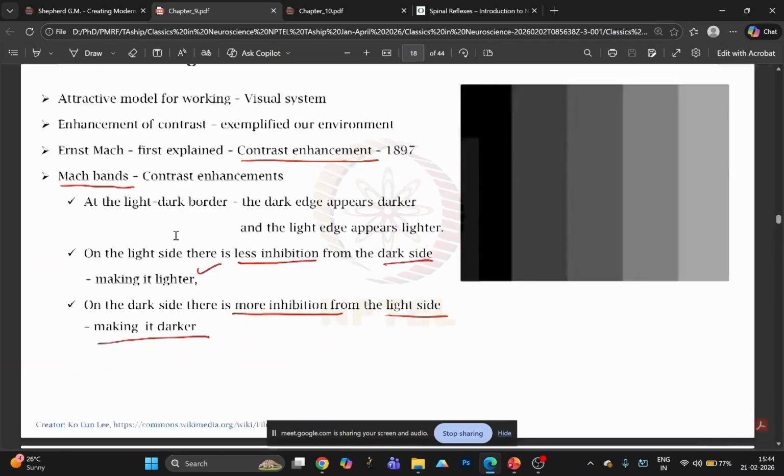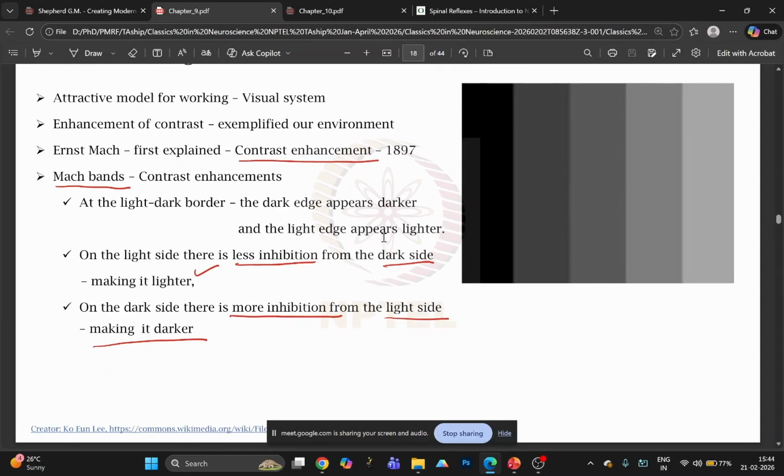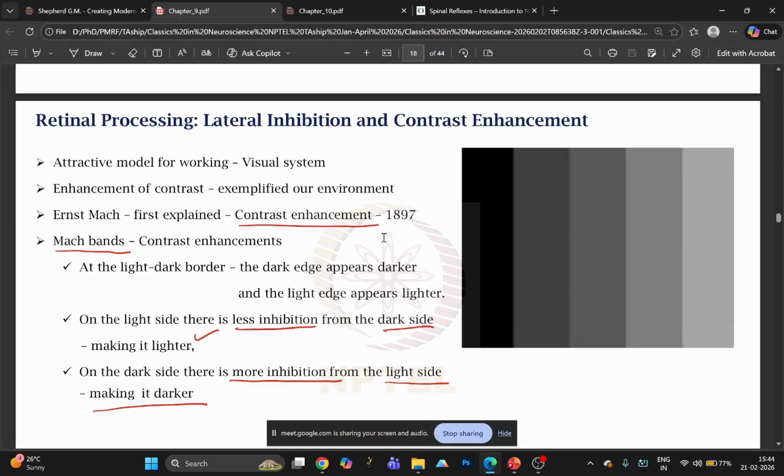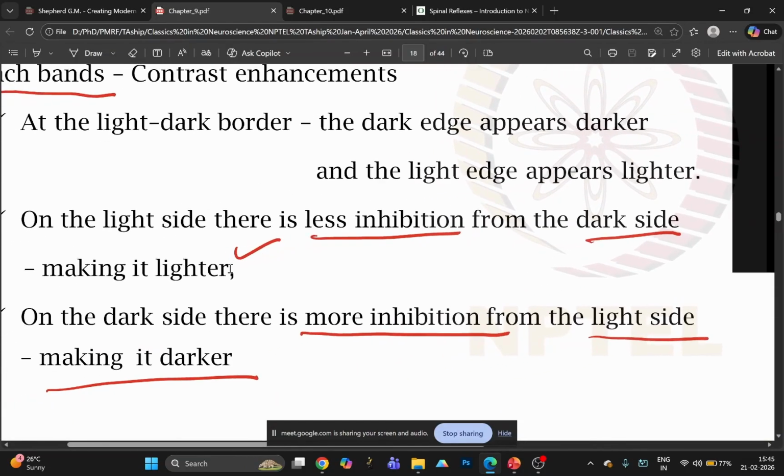Now, the reason for that is in the way the visual circuit works. On the light side, there is less inhibition from the dark side.